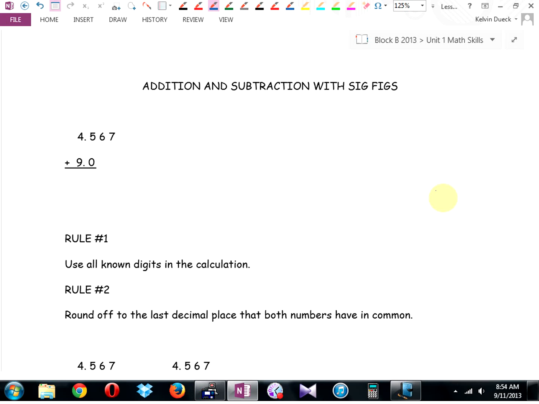What you do, until you get very, very good, and I would recommend on a test or a quiz not taking any shortcuts, is write them vertically, one on top of the other, lining up the decimal points. So if they had given me 4.567 plus 9.0 all in one line together, I would have rewritten it, this first one I did.